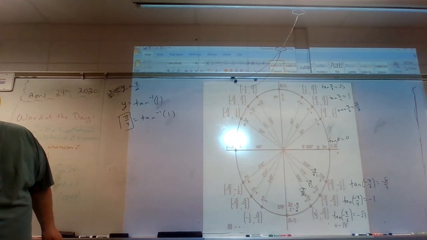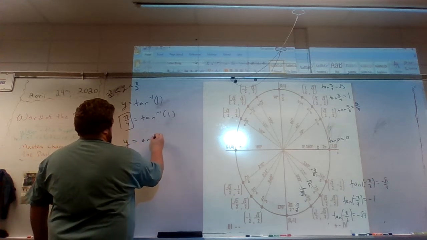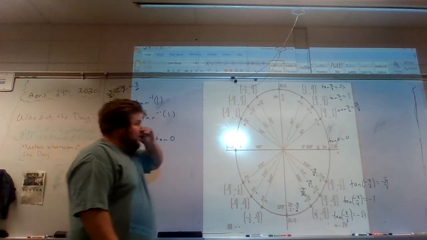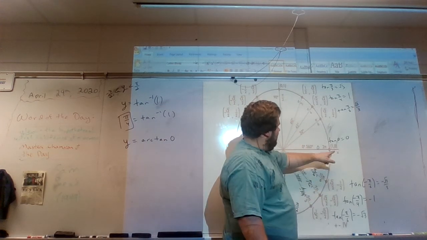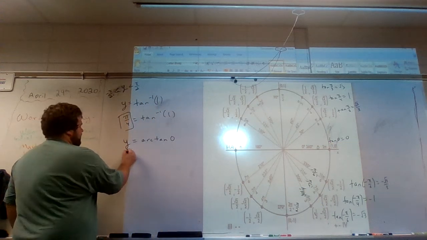Okay, what about arctan of 0? What's the angle between negative pi over 2 and pi over 2 where the tangent is going to be 0? That's the only place where that happens, right here. So this is 0.